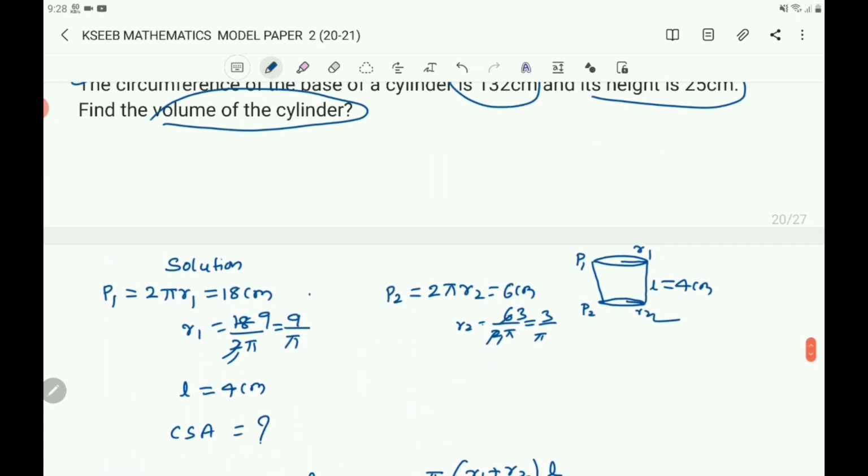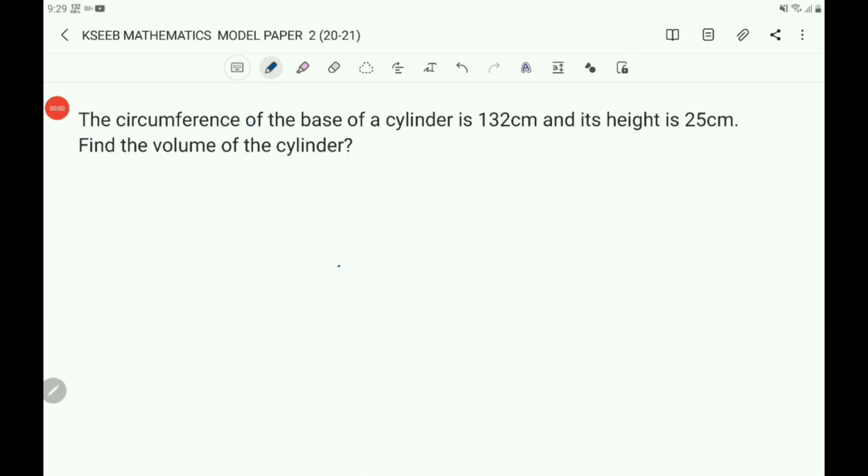The next question, the choice question, you take. Then what is that choice question? The circumference of the base of a cylinder is 132 cm and its height is 25 centimeter. Find the volume of a cylinder. So here, have the rough sketch of a cylinder.